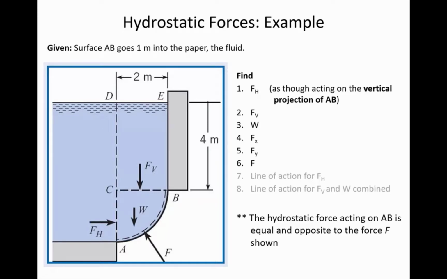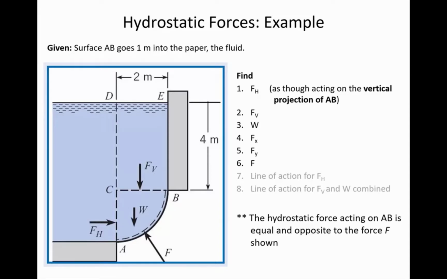So I just told you, let's pretend that there's a gate, CA, and it's 2 meters tall, and it's 1 meter wide. Now you've already got a lot of experience calculating the hydrostatic forces on vertical gates.